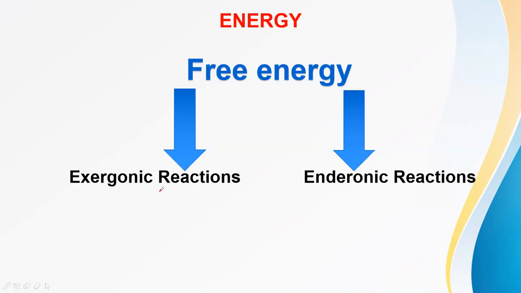I will collect the wood and make a fire. When I make a fire, you can see this fire releases heat energy and at the same time light energy. This type of reaction we call exergonic reactions. Exergonic reactions are always spontaneous and they release net energy. They release energy right away.